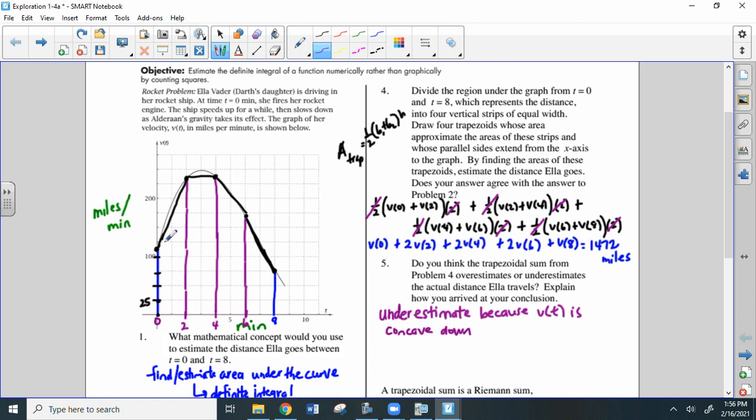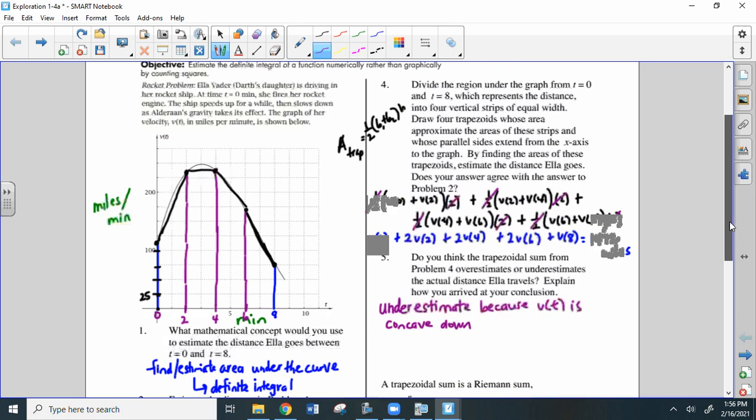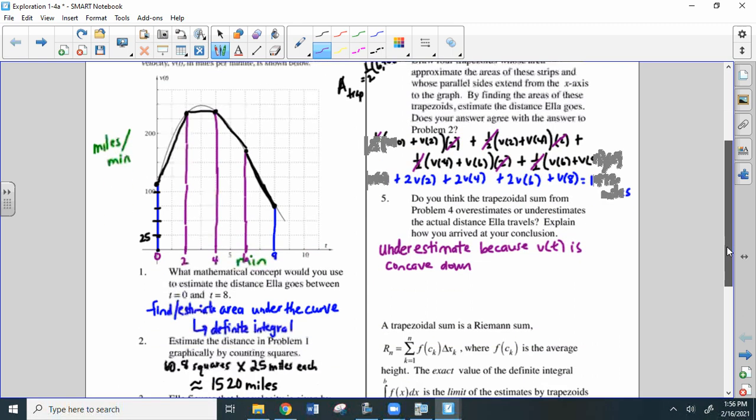It's all about the concavity when you're talking about trapezoids. So again, make yourself a note somewhere other than here that trapezoids underestimate concave down curves and overestimate concave up curves.